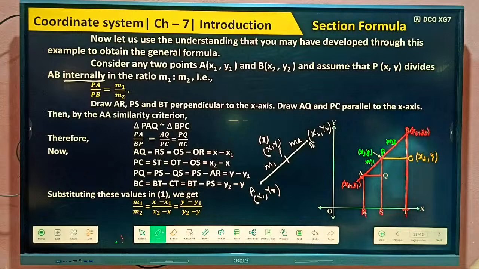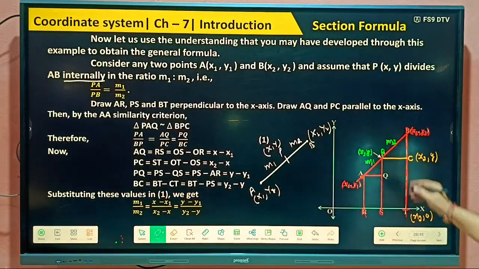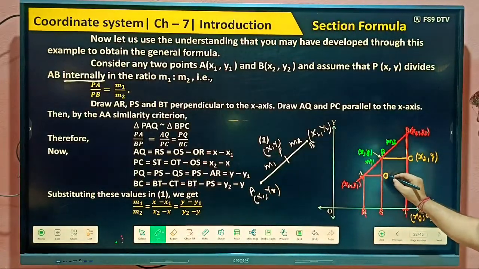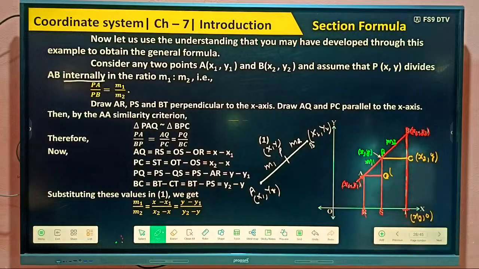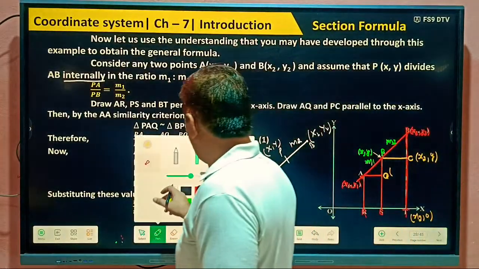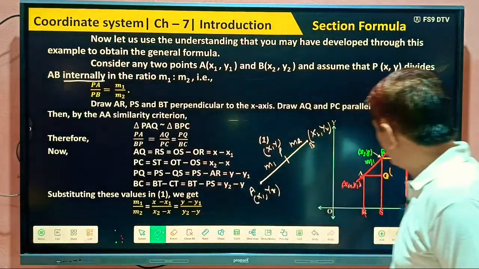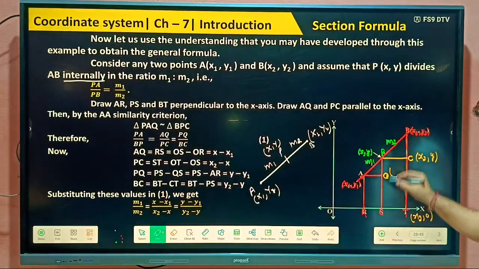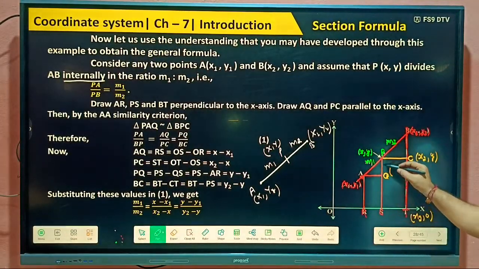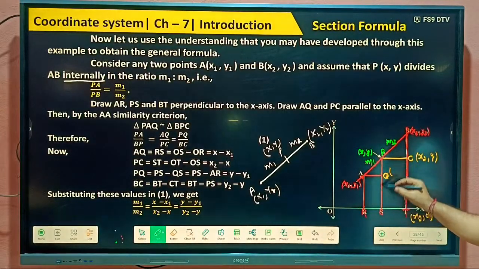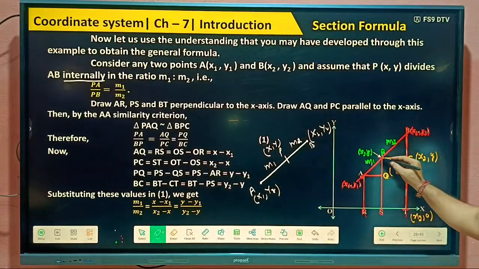If you can understand this, you are able to solve it. The coordinates of this point are x2, y. Now we are finding the coordinates of point Q. On this line, which is perpendicular to the x-axis, the x coordinate remains the same, and y is the distance from the x-axis.